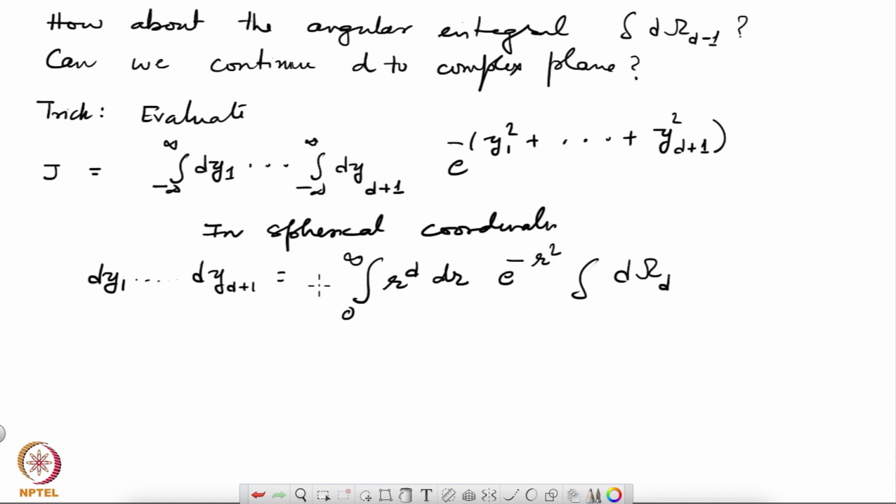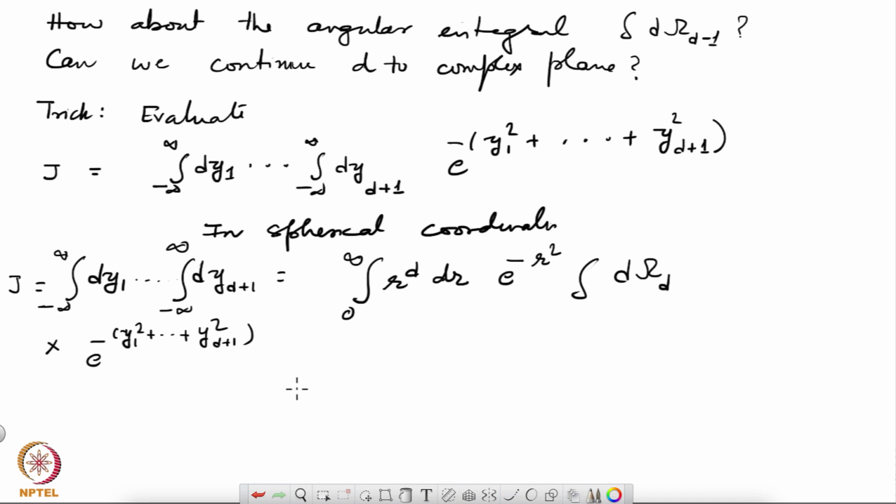So what is J then? I have also, times e to the minus y1 square to y d plus 1 square. Now this is correct. So this is J. J is equal to this, which I have written in this form.